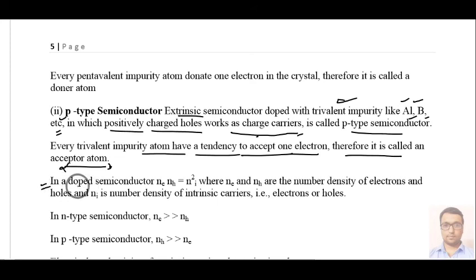After that, in a doped semiconductor, or a semiconductor which has some kind of impurity, this relation holds true: Ne times Nh equals Ni squared, where Ne is the number of electrons, Nh is the number of holes, and Ni is the intrinsic charge carrier concentration in a pure intrinsic semiconductor, and this charge carrier may be an electron or a hole.